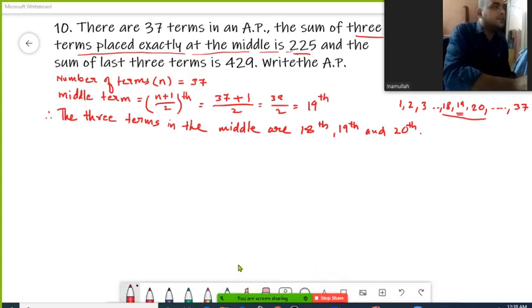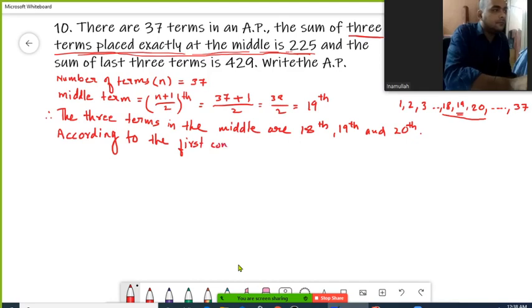According to this first condition, three terms placed exactly at the middle is 225: T18 plus T19 plus T20 is equal to 225.